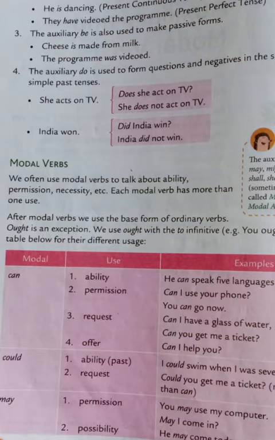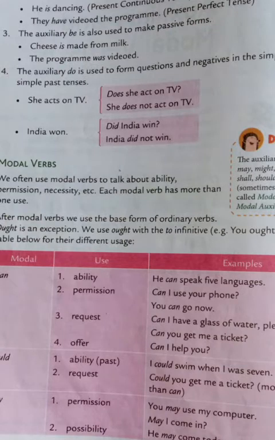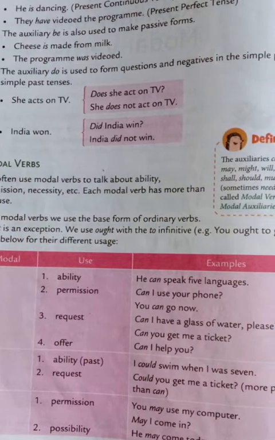It is present perfect tense. Third point, the auxiliary be is also used to make passive forms. Cheese is made from milk. The program was videoed.